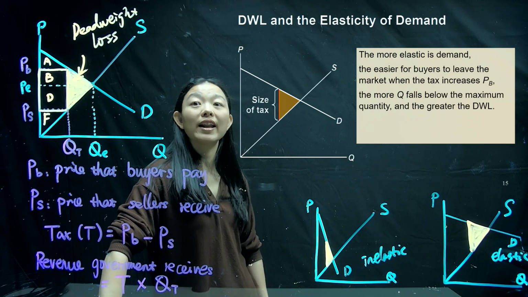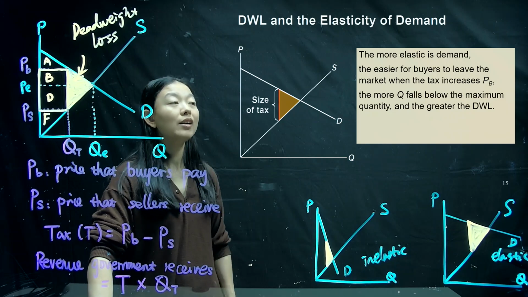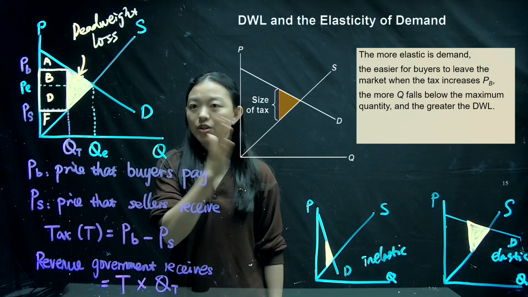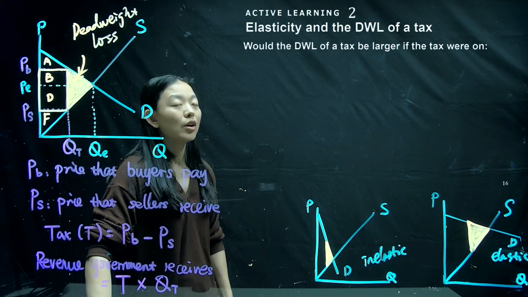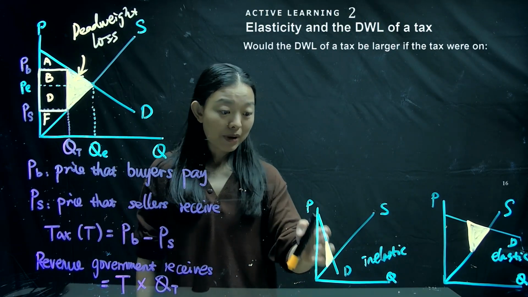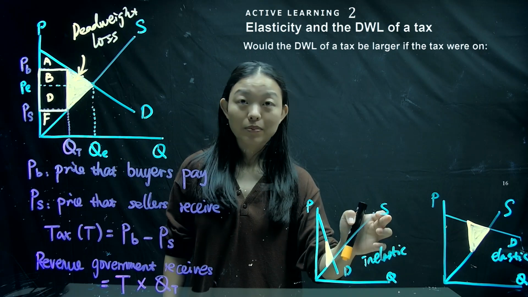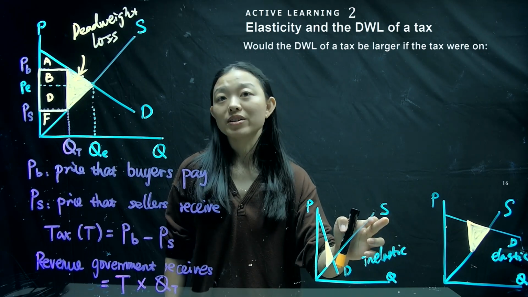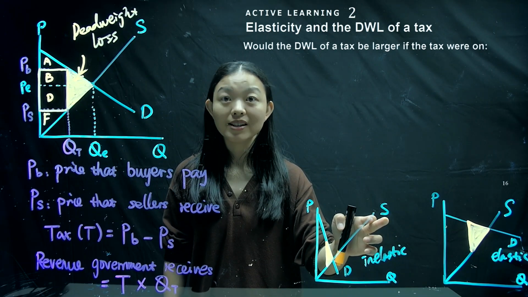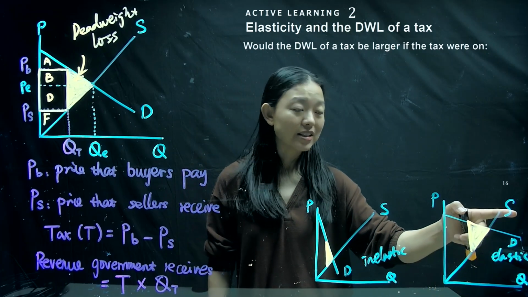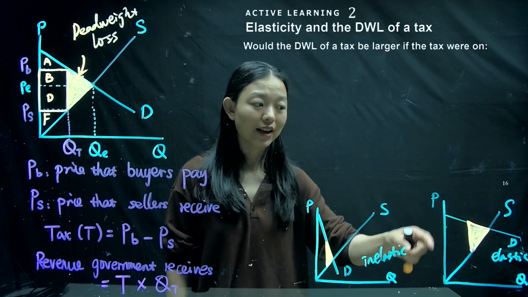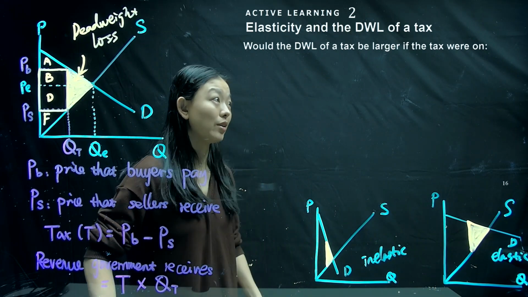Therefore, here we can have the summary, okay? Either from demand or supply, if the demand is inelastic or supply is inelastic, it will result in smaller deadweight loss. If the demand is elastic and supply is elastic as well, then it will result in larger deadweight loss.